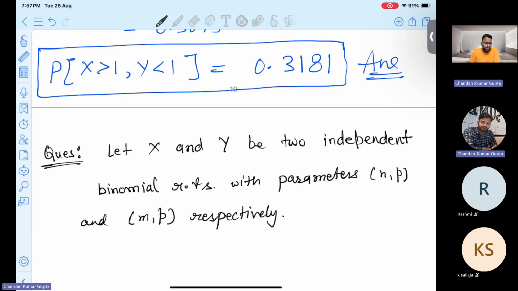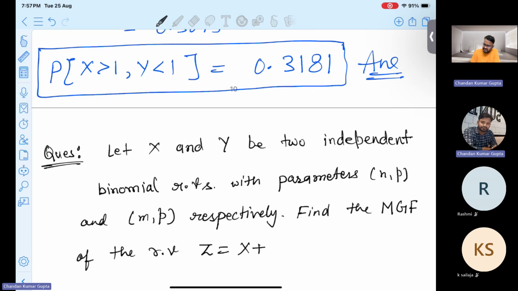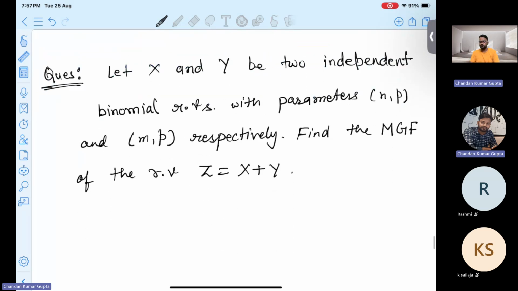Now we need to find the MGF of x plus y. Find the moment generating function, MGF, of the random variable z, which is defined as x plus y. Okay, so this is the question.